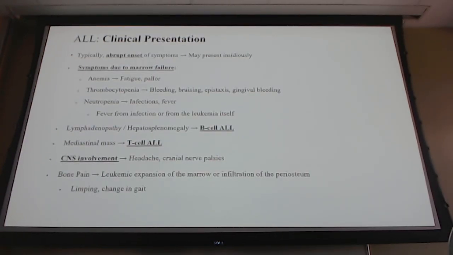Like I said, these acute leukemias are going to have abrupt onset of symptoms, right? And they're going to have blasts greater than 20%. They may present insidiously, but it's due to marrow failure, right? So the cytopenias: fatigue, pallor should be seen in kids. Bleeding, bruising, right?